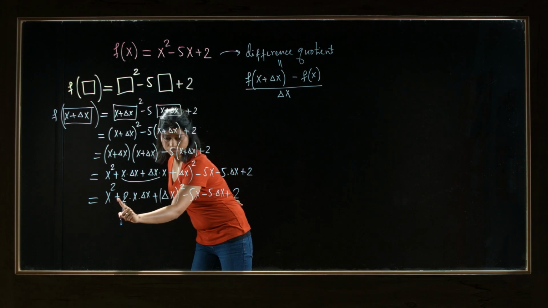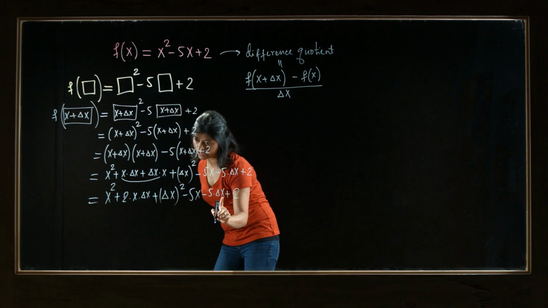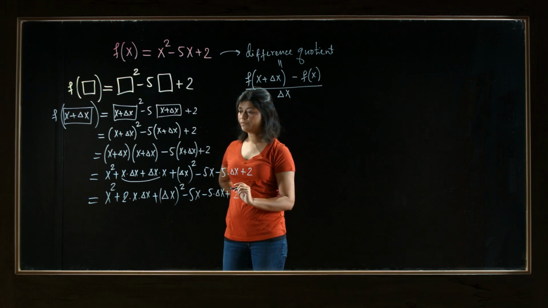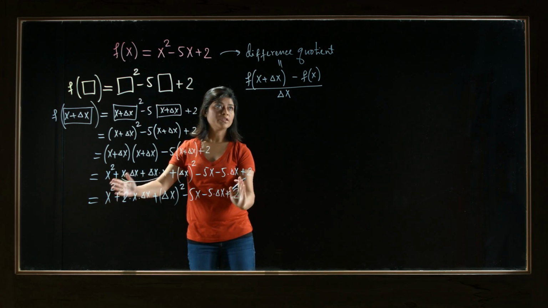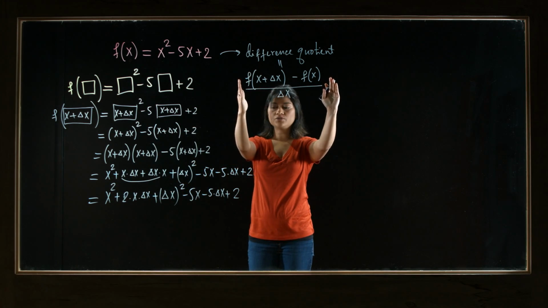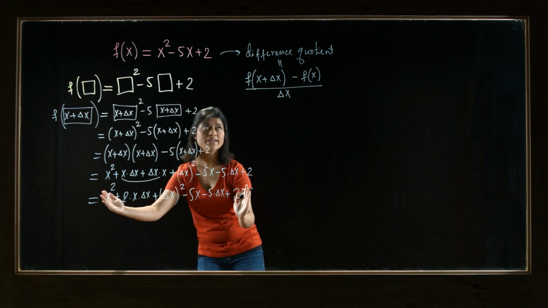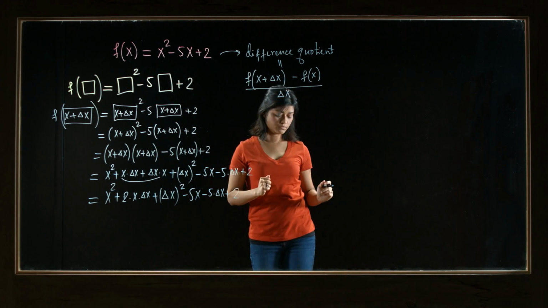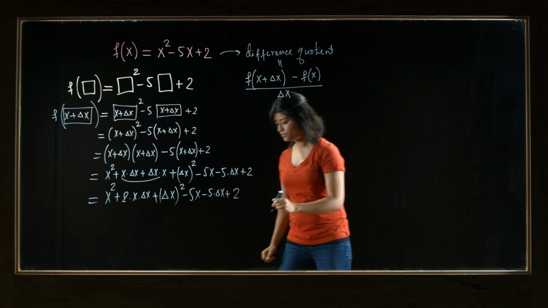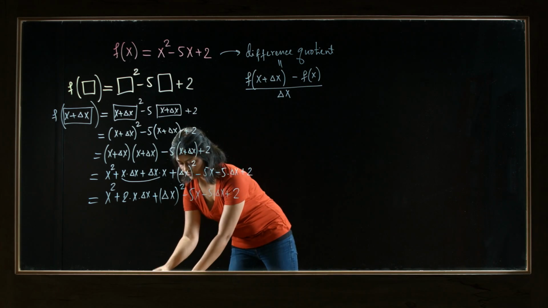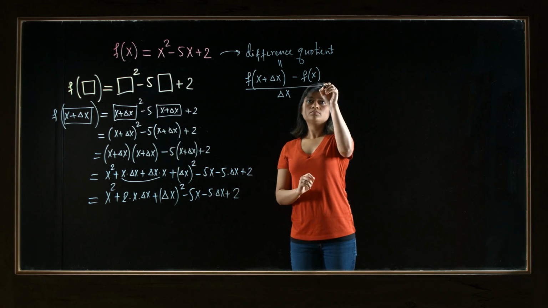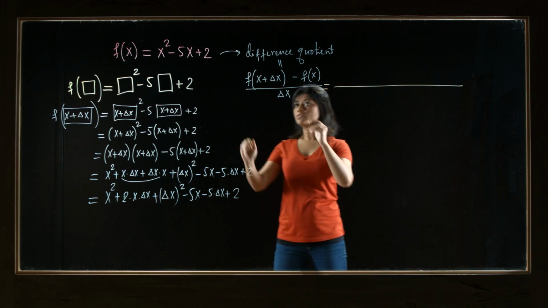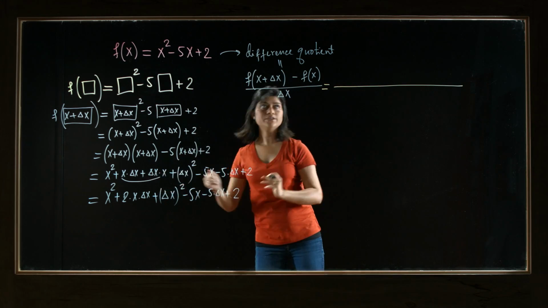Let's look at all of those terms. I don't think there is any other common term that we can simplify. So let's keep it there, and let's come back to this expression, and we will plug in the entire thing for the first term. So the f of x plus delta x is right here.